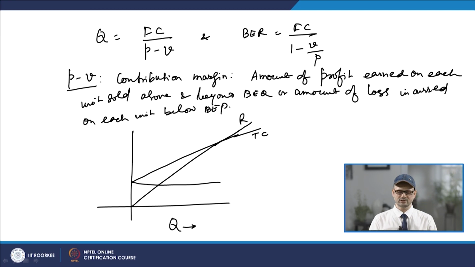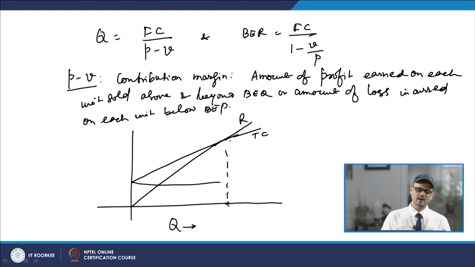As it is going to cut here, you will have this point, and this point will be your break even point, because this was the fixed cost, and then as the variable cost has increased, the fixed cost plus variable cost line will be this.